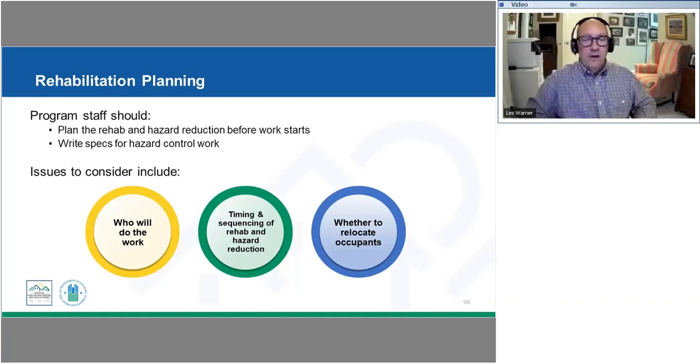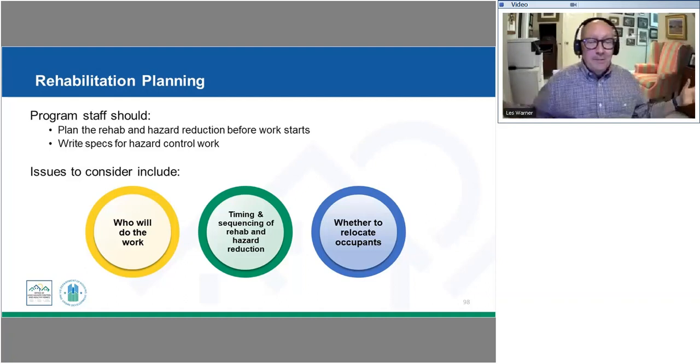So maybe they were going to remove all the doors and windows on a unit and some of the interior components, but they weren't actually going to do any of the rehabilitation. They would do the cleanup, they would get clearance testing, and then the property would be turned over to the unlicensed contractor who now was going to do the rest of the rehabilitation.